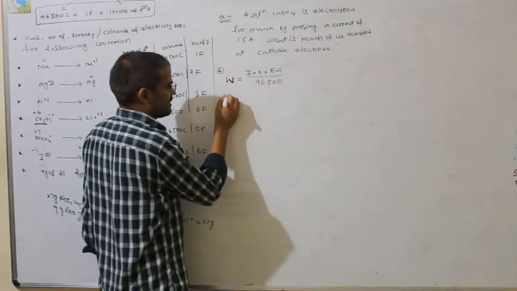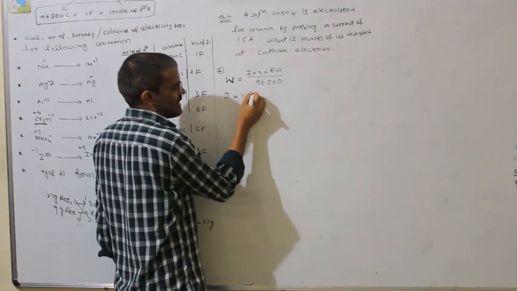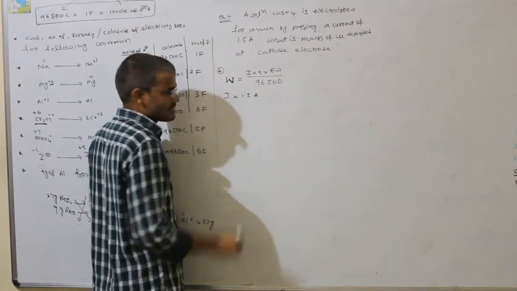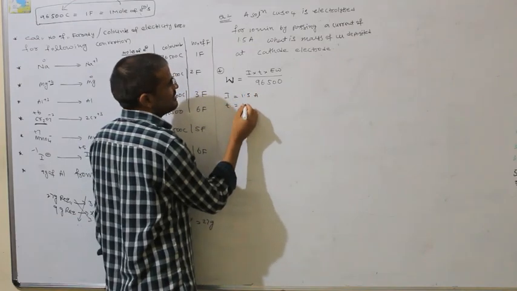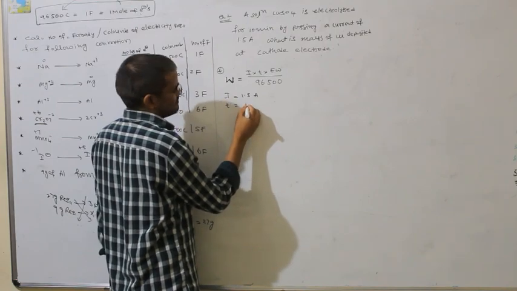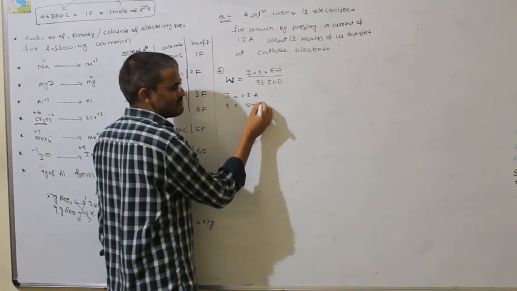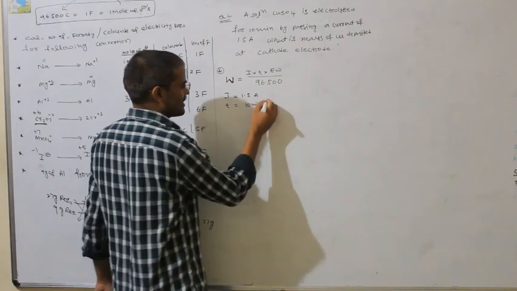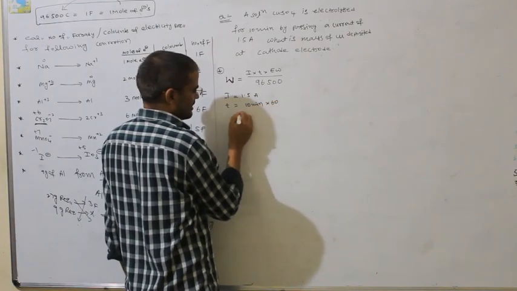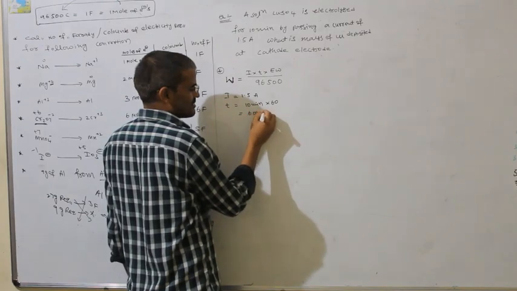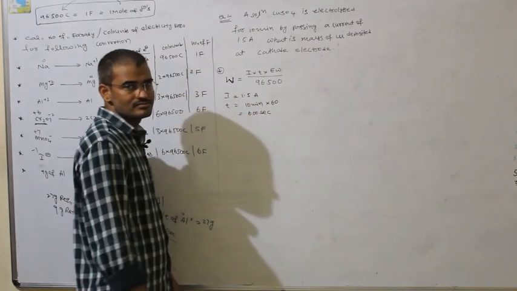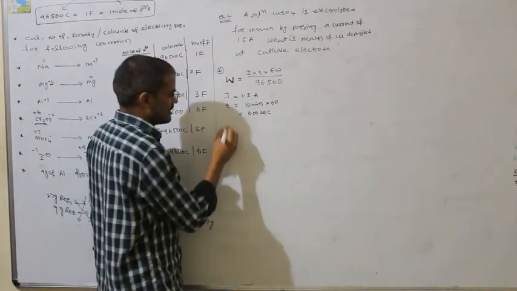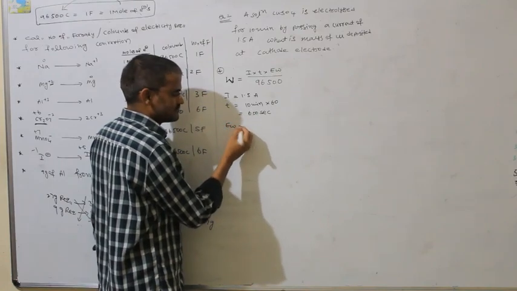In the question, I is given as 1.5 amperes. Time is given as 10 minutes, but time must be taken in terms of seconds. So 10 minutes converted into seconds, multiply with 60, equals 600 seconds. Next, equivalent weight, EW.